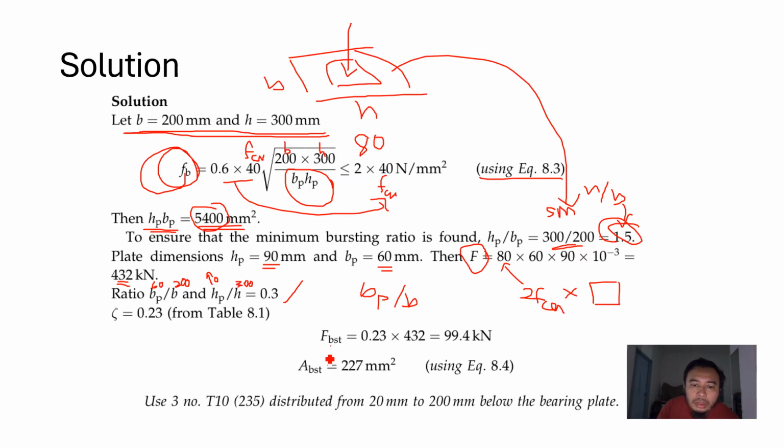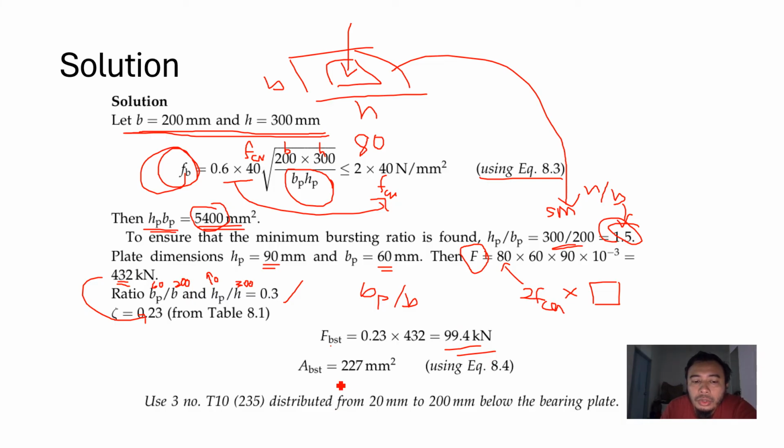So by using 0.23, you multiply. Basically 23% of 432 will be converted into bursting force, which is 99.4 kilonewton.